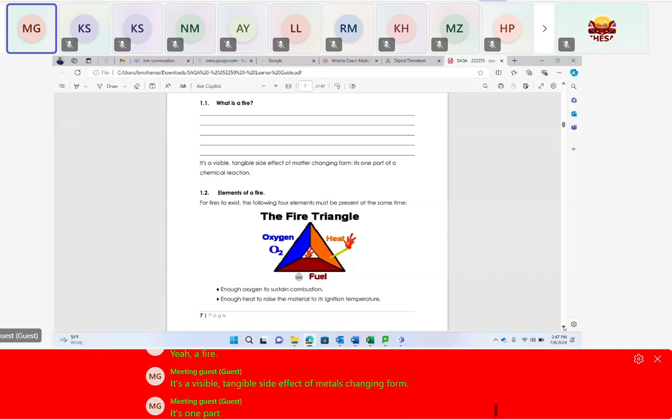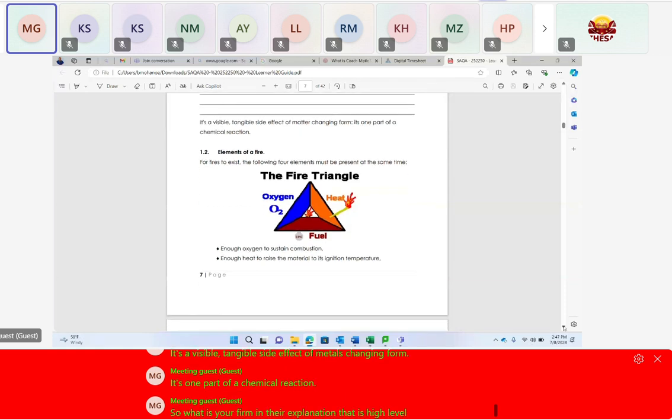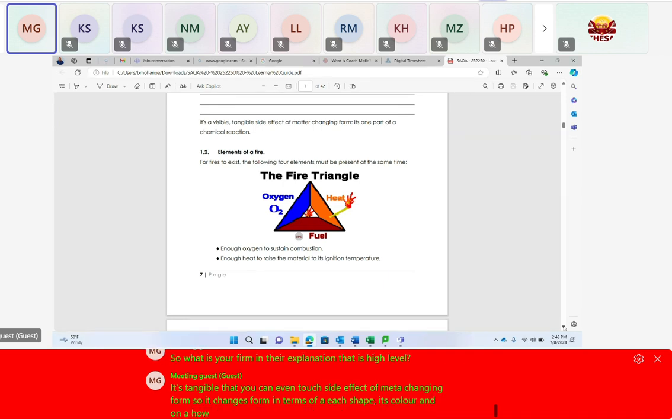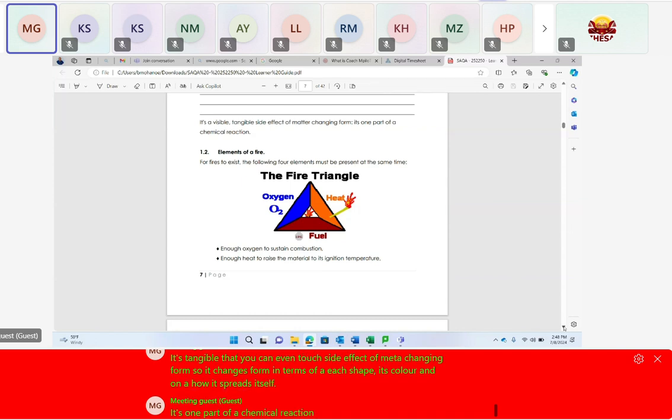It's one part of a chemical reaction. So what is a fire in an explanation that is high level? It's visible, that you can see it, changing form. So it changes form in terms of its shape, its color, and how it expresses itself. It's one part of a chemical reaction.